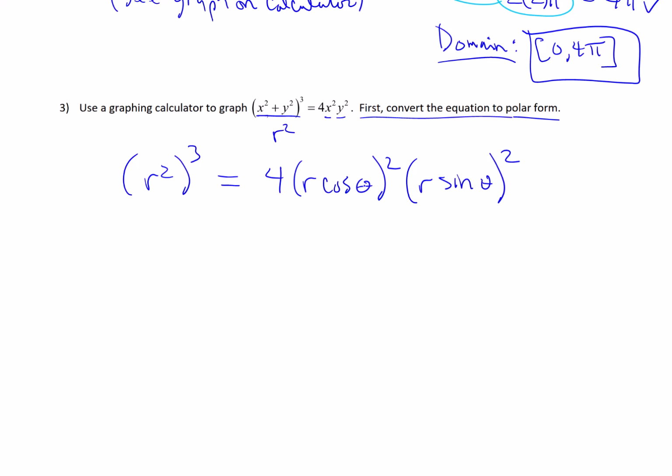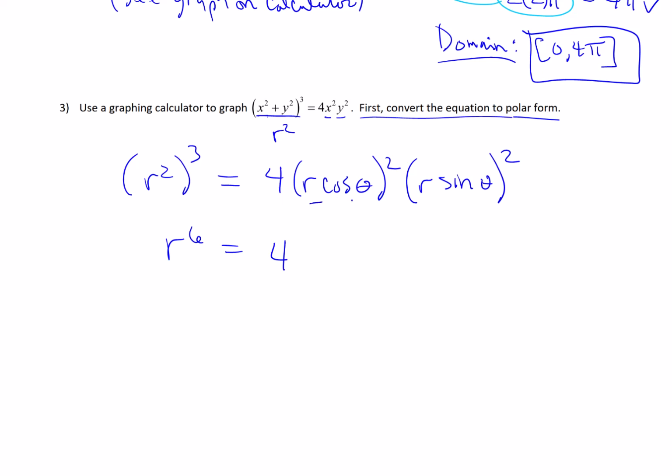So let's do a little bit of exponent simplification first. On the left side, we have r squared cubed. Well, that's really just r to the 6th. That's just using algebraic exponent rules where you multiply those powers together. And then also using those rules on the right side, we can simplify that to be 4, which was already out in front as our coefficient there.